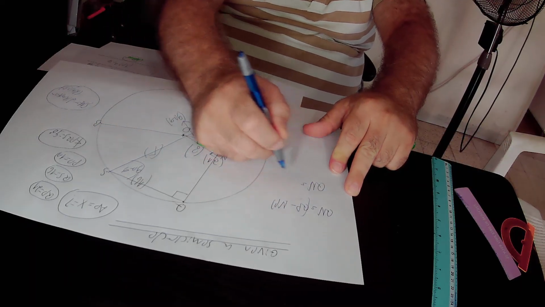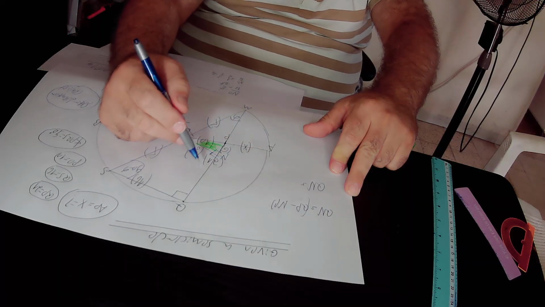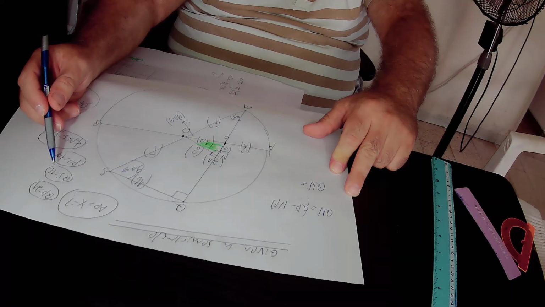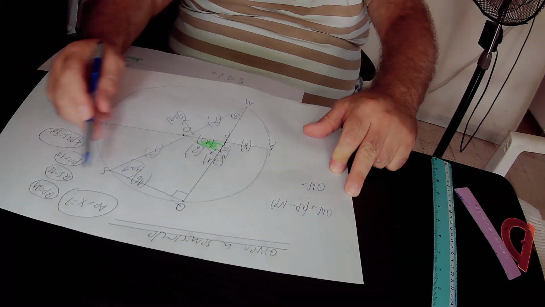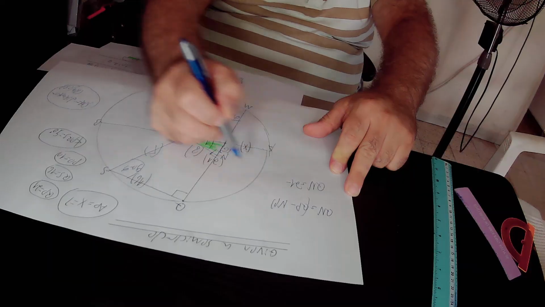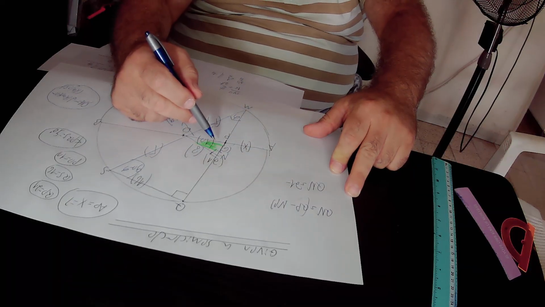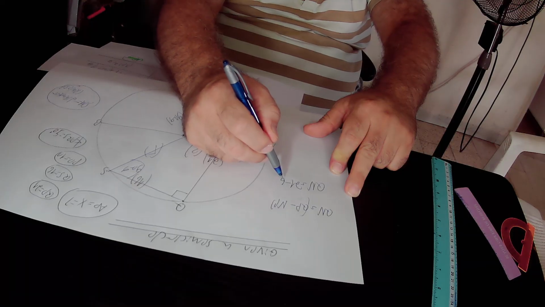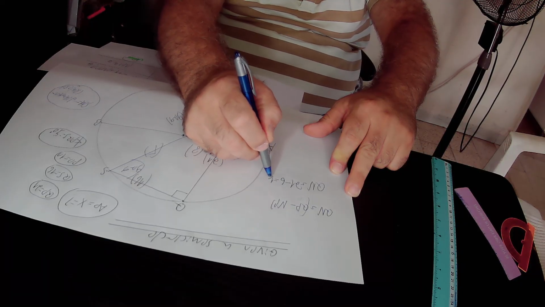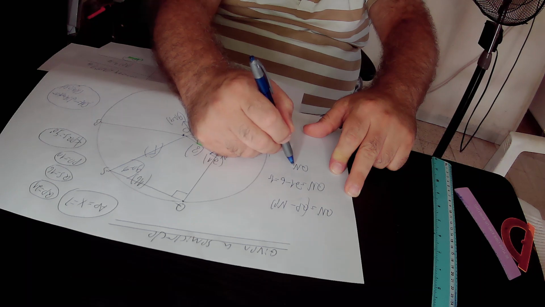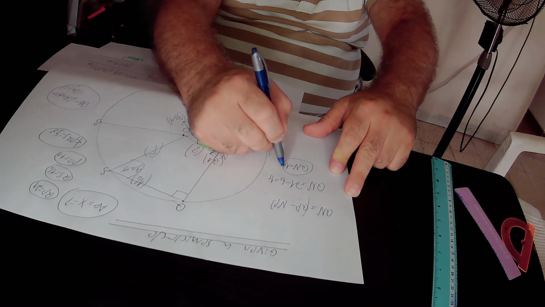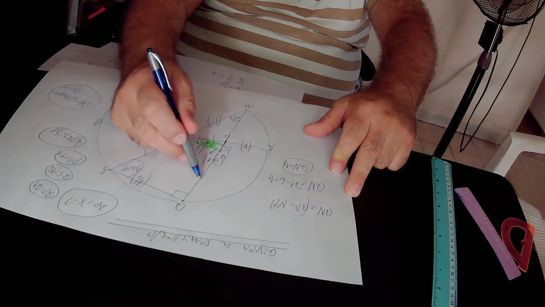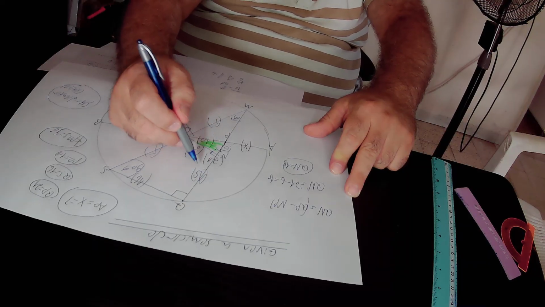So QN equals QP, that is 21 according to what is given in the question, minus NP. We just found that NP equals 6. So in total QN equals 21 minus 6, that is 15. So QN equals 15 units in its length. This is line segment QN that is equal to 15 units in its length.